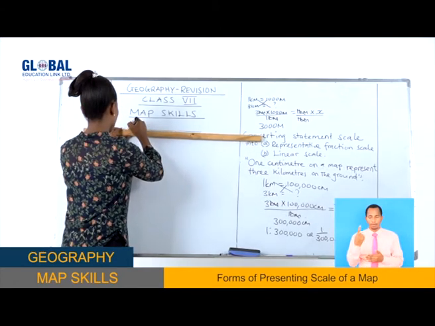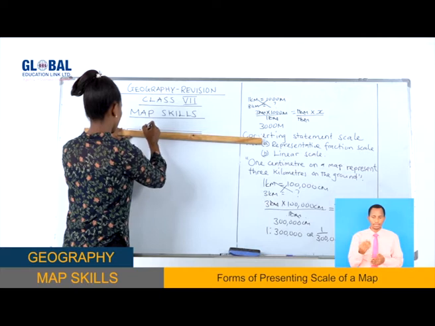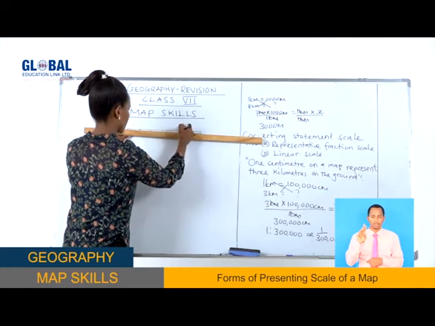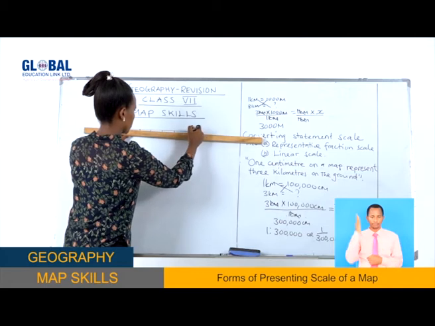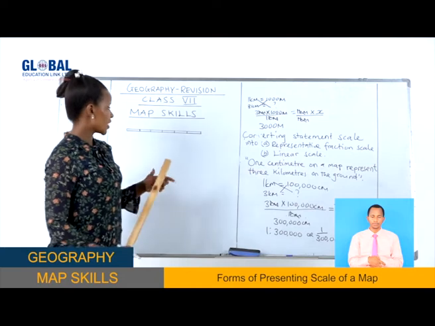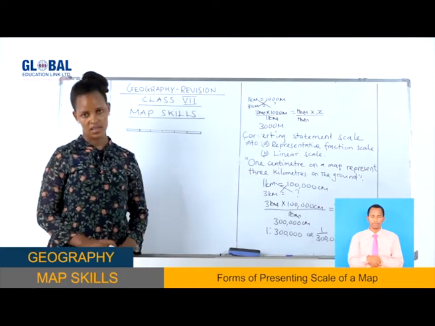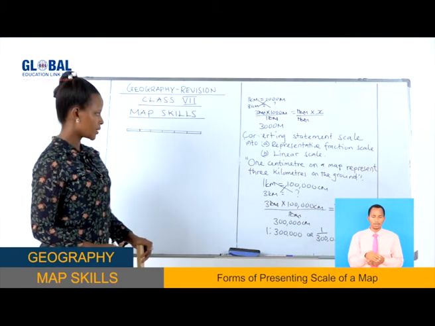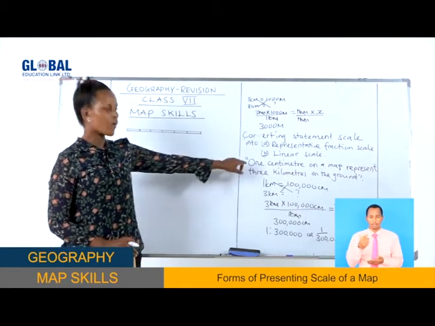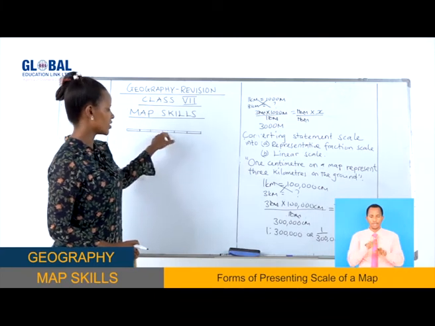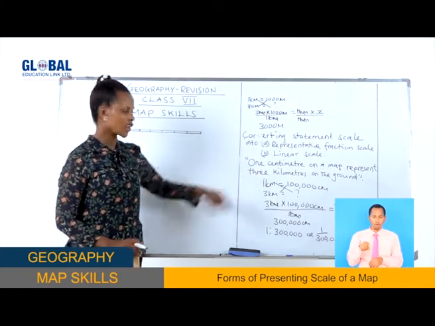Here it is 1 centimeter, another 1 centimeter, another 1 centimeter, another 1 centimeter, another 1 centimeter. As you can see, we have divided the line segment in portions of 1 centimeter. Then, from our statement scale, this 1 centimeter which we have divided is equal to 3 kilometers.